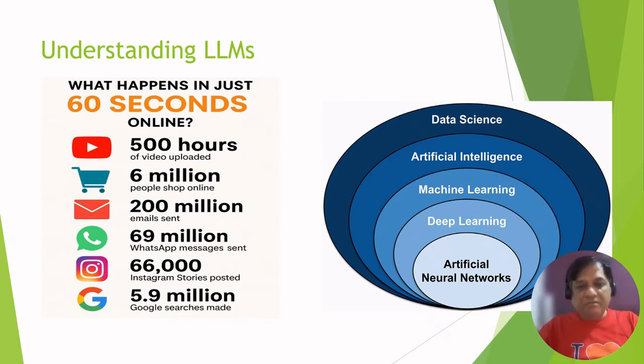So there are 500 hours of video uploaded, 6 million people shop online, 200 million emails sent, 69 million WhatsApp messages are sent, 66,000 Instagram stories are posted, and 5.9 million Google searches are made.